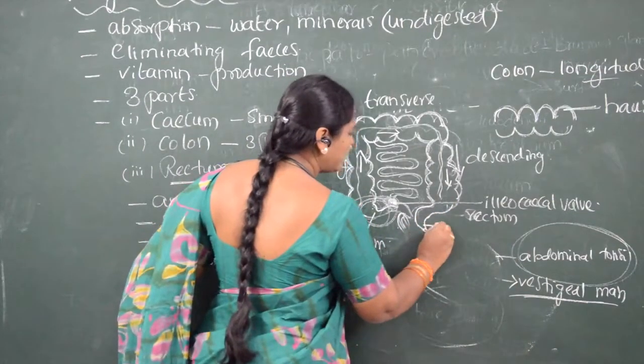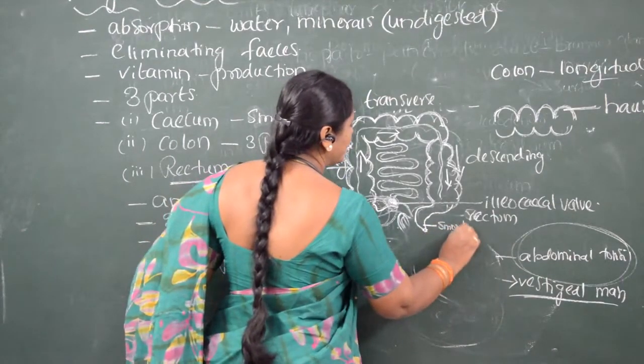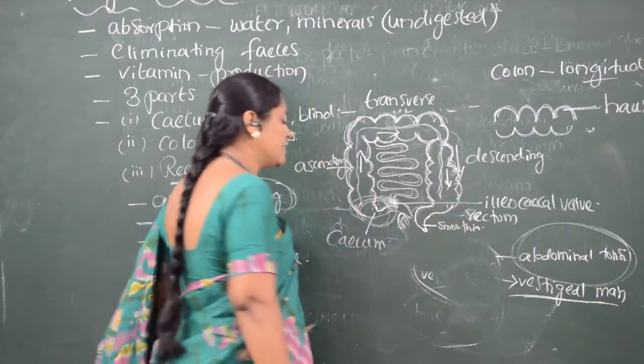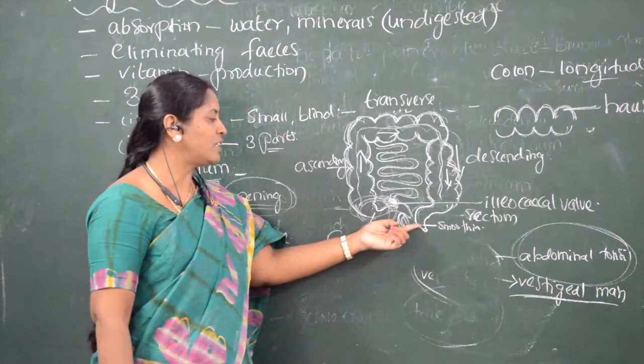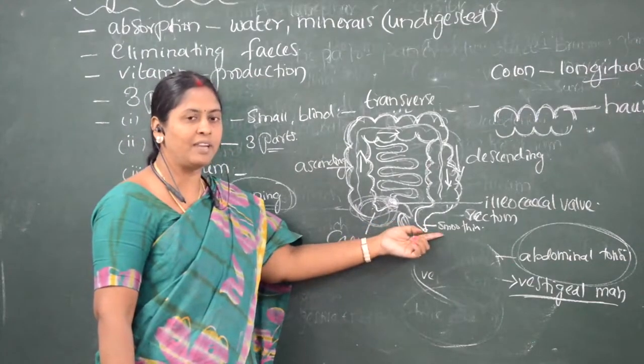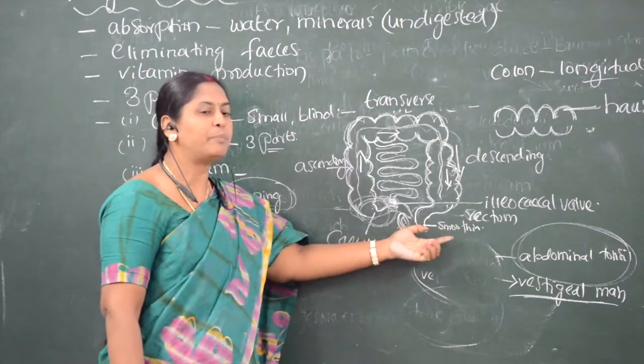So the inside of the anus is lined with smooth muscles, which form the internal anal sphincter.